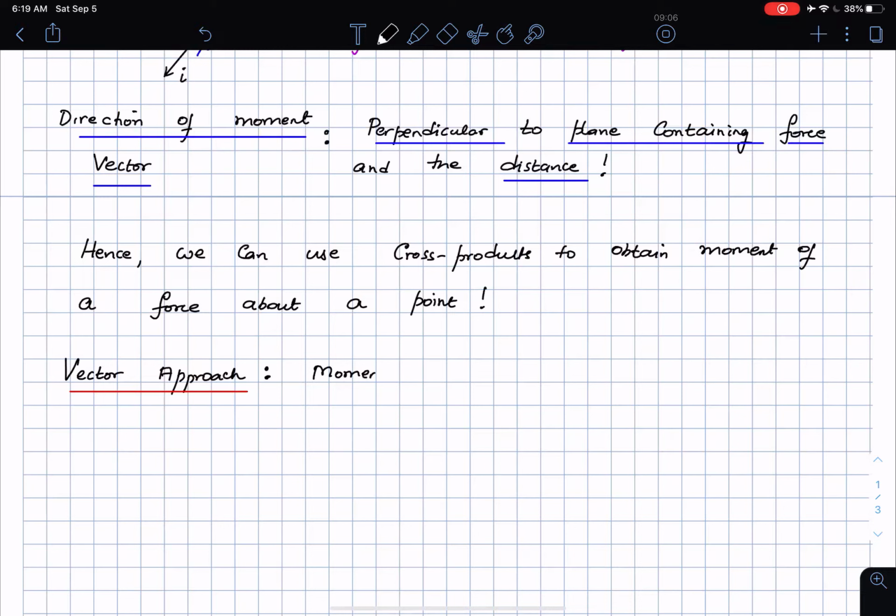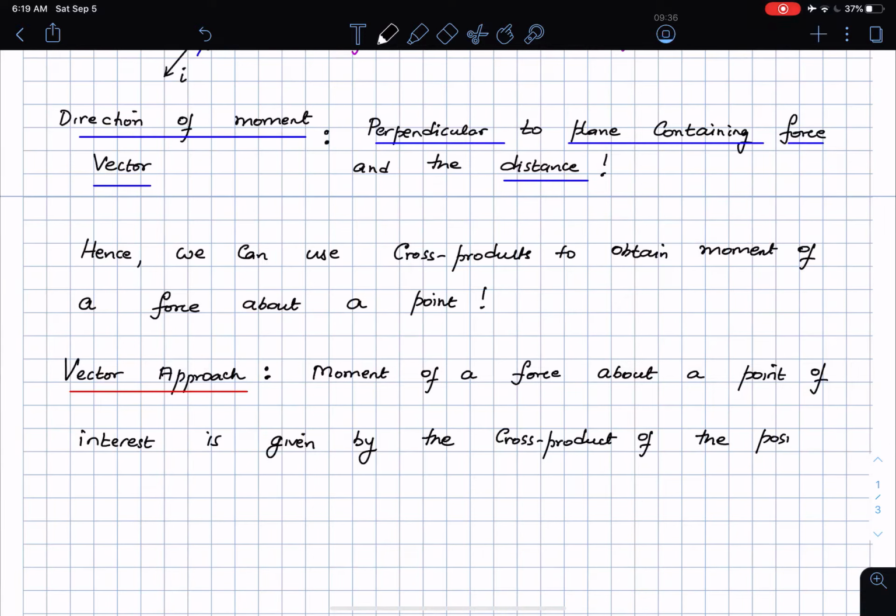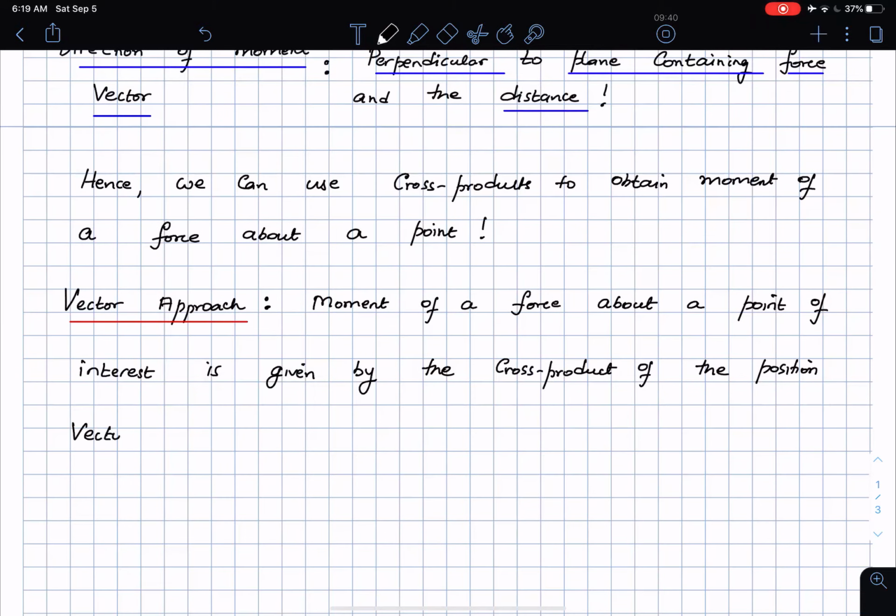The moment of a force about a point of interest is given by the cross product of the position vector from the point of interest to any point on the line of action of the force and the force vector.